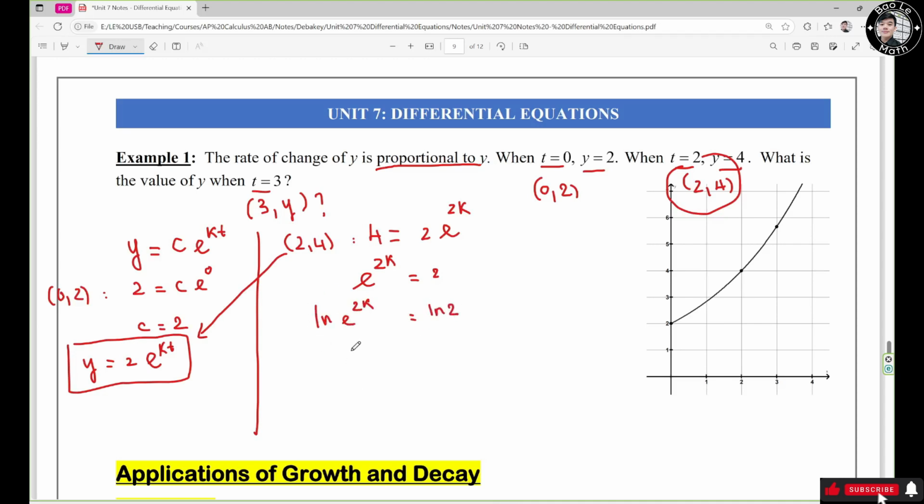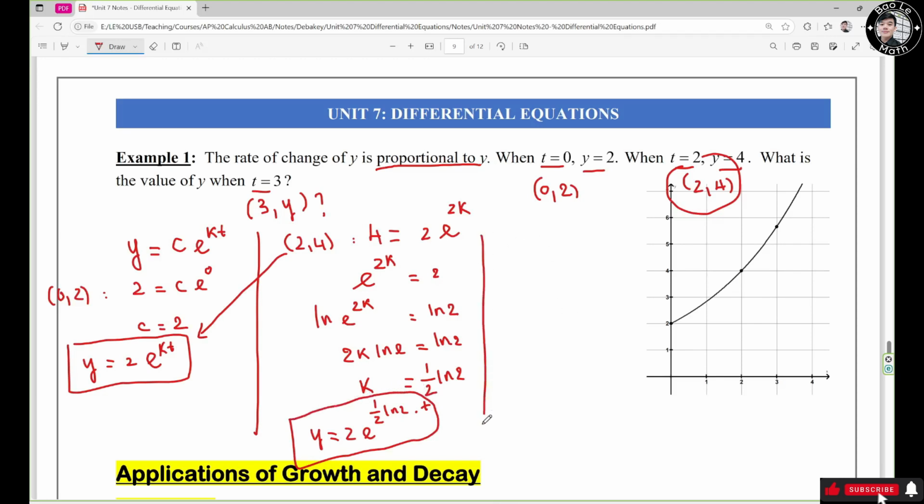Bring 2k to the front, and then you have 2k times natural log of e equals natural log of 2. But natural log of e equals 1, so divide both sides by 2, so k equals 1 half natural log of 2. Then the equation becomes y equals 2 times e raised to the 1 half natural log of 2 times t.